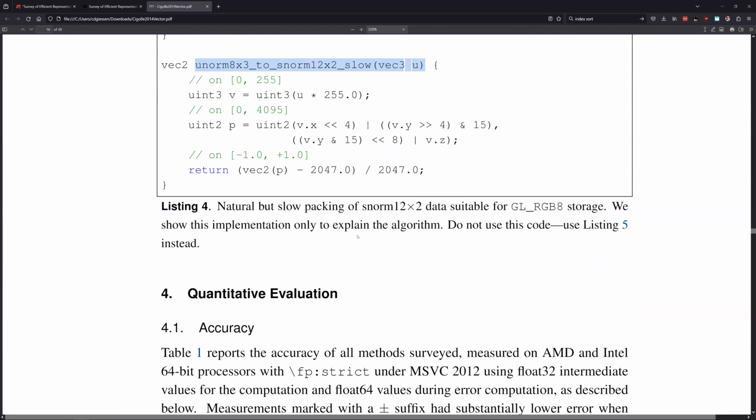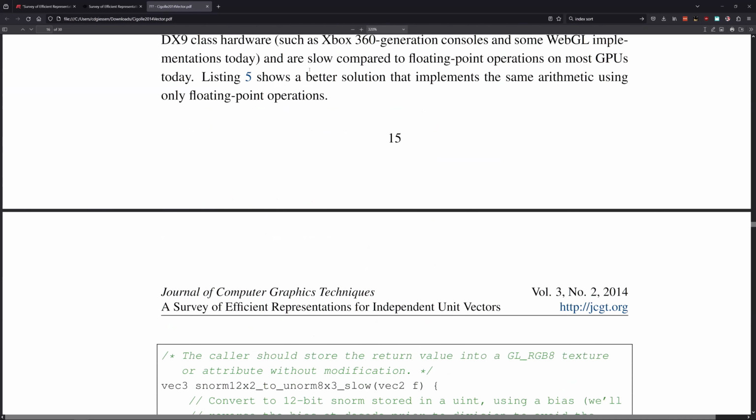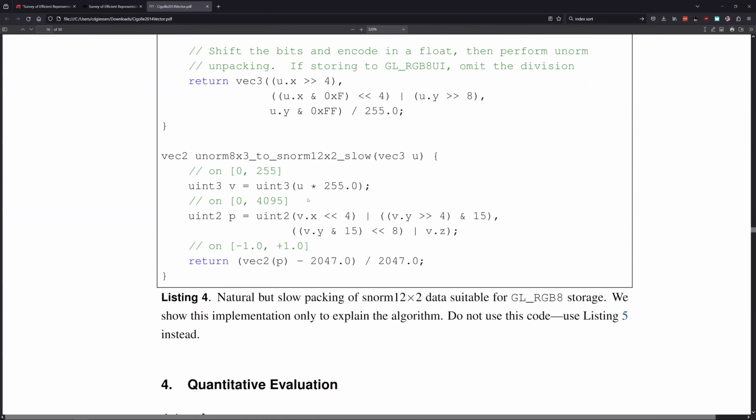I mean, are they both the slow format? Where does it say... oh, this is listing 4.